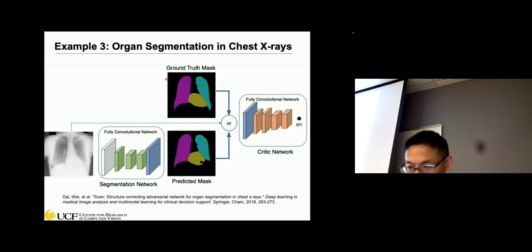But of course, we can also use GAN for some discriminative tasks like classification or segmentation, right? So in this case, how can we use GAN to do semantic segmentation? For a given input image, like this X-ray image, the generator can be maybe a segmentation network.